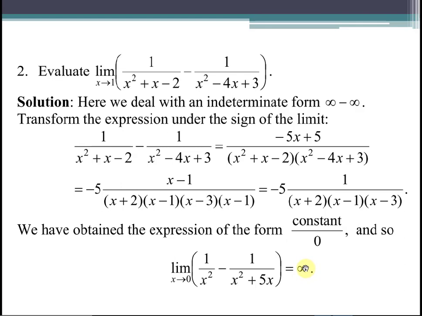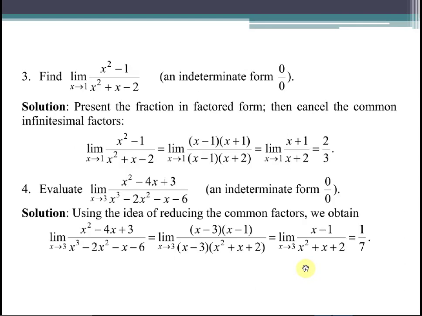And now, number 3. Find the following limit. Here we have indeterminate form 0 over 0, because if we put 1 instead of x, we have 1 minus 1, which is 0, and 1 plus 1 minus 2, which is also 0. And now we need to factorize again. X squared minus 1 is equal to, from short multiplication formulas, x minus 1 times x plus 1.